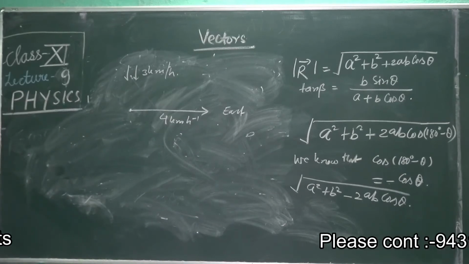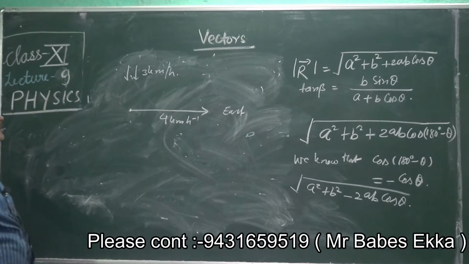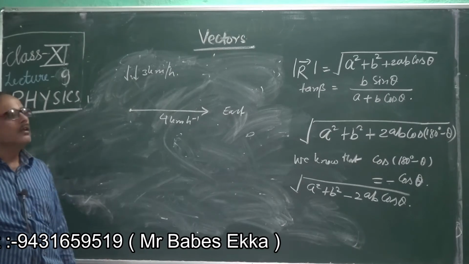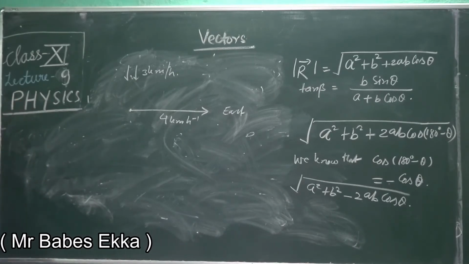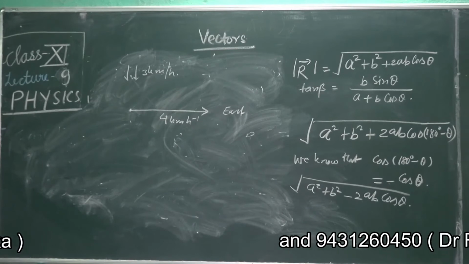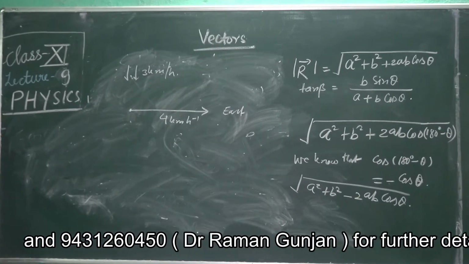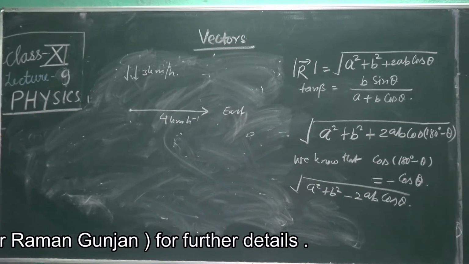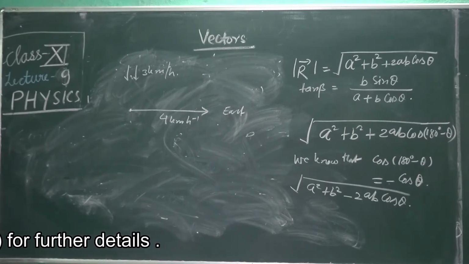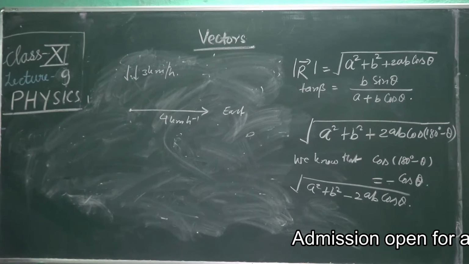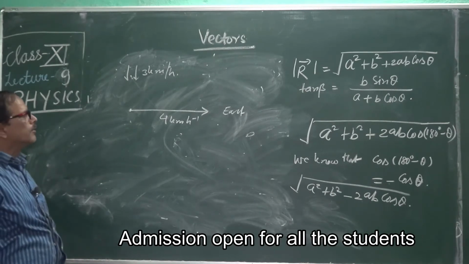Your problem is rain is falling 3 km per hour vertically downward, and a person is running on a horizontal road towards east with the speed of 4 km per hour.